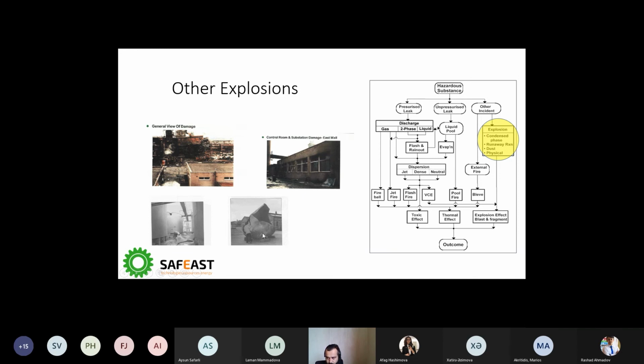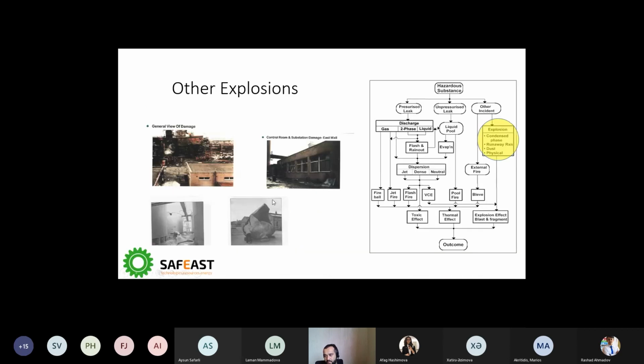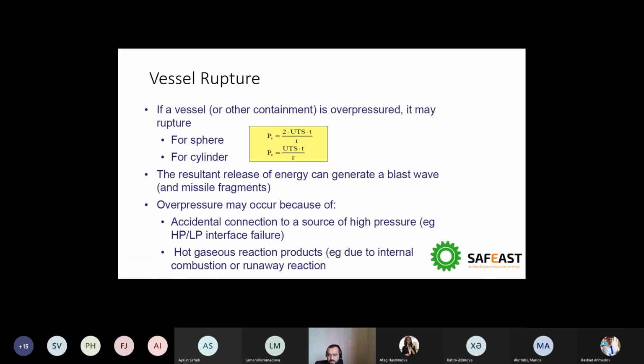One of them is vessel rupture, as you see in this example. When a vessel ruptures, the obvious effects are thermal radiation, overpressure, blast, etc. But the other thing is that you will have flying missiles from the vessel itself.